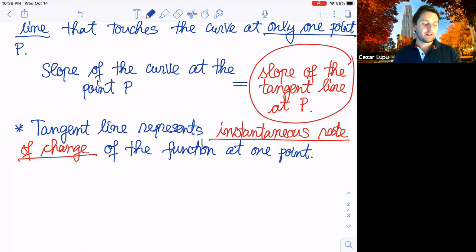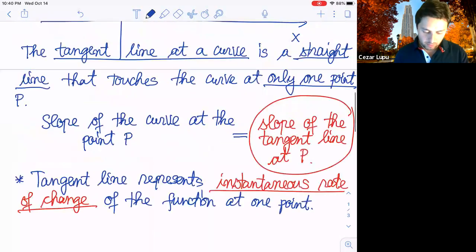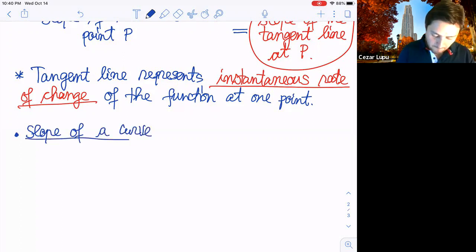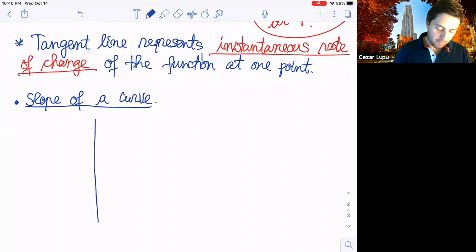So we have seen what the slope of a curve at a point is. Now I would like to talk about the slope of a curve. All right, so let's draw a picture again.